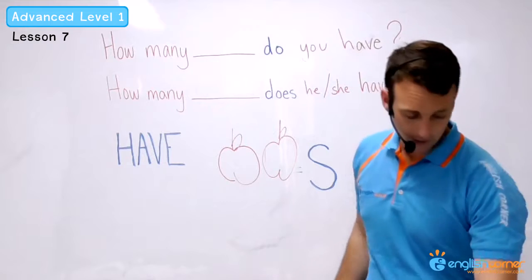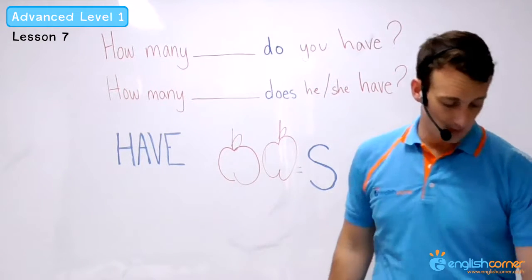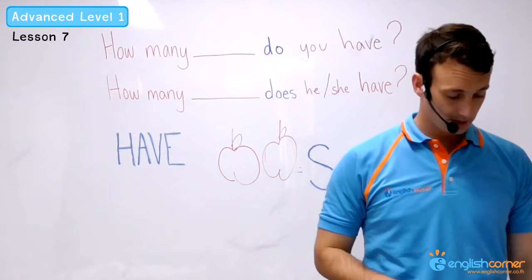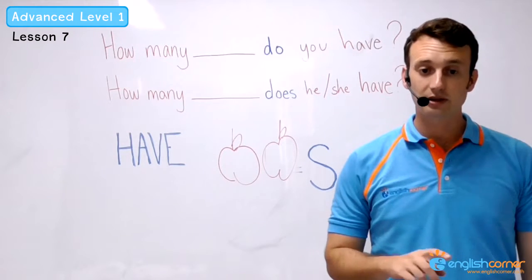So let's keep going. Let's look at section B. Section B in your books, page 26. Very good. So let's count together.